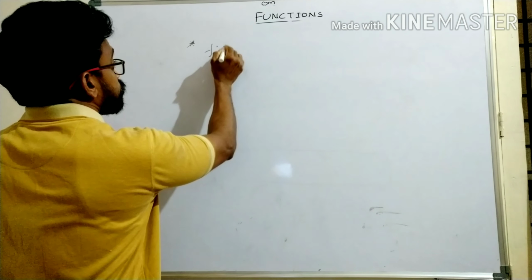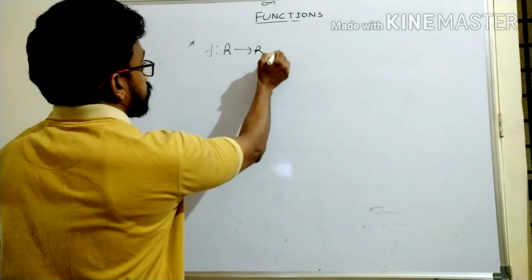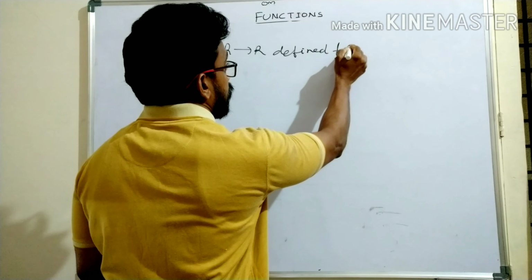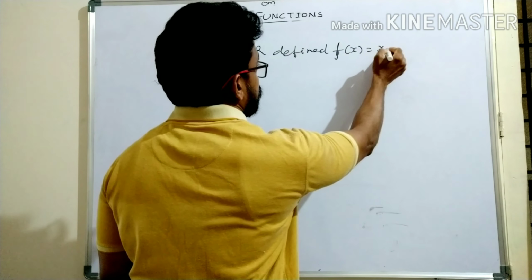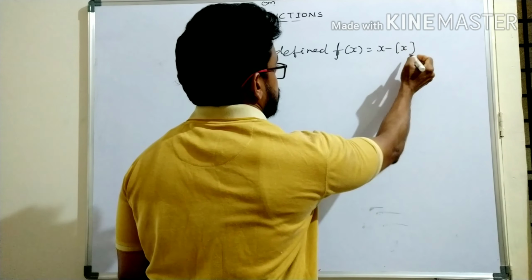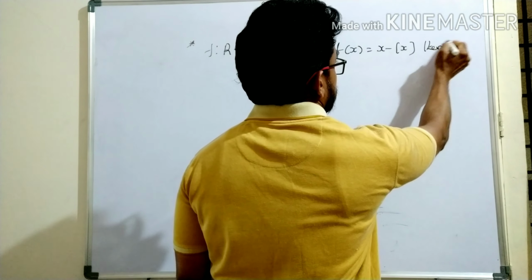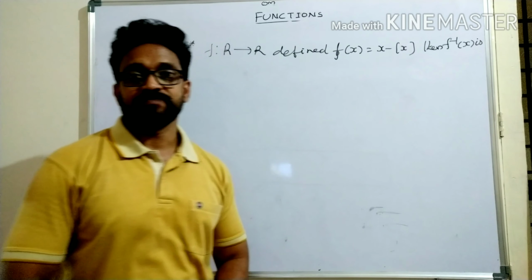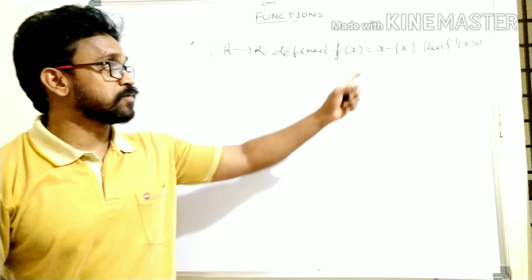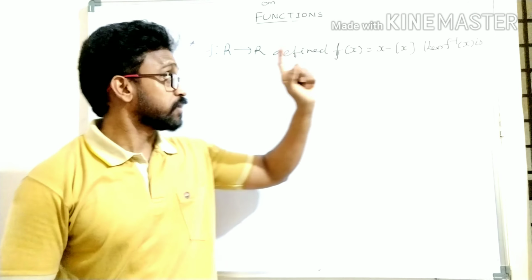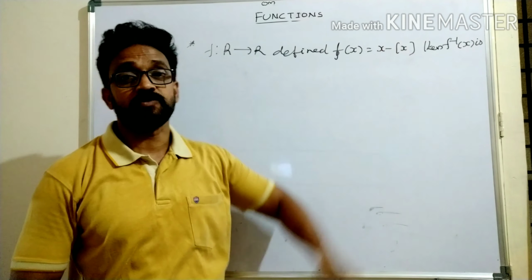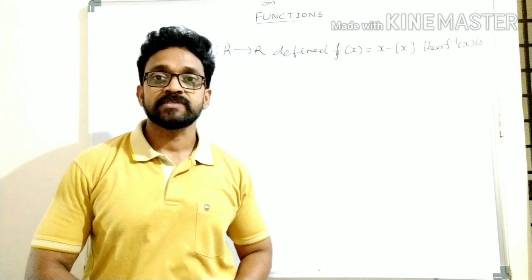f from R to R defined by f of x is equal to x minus floor of x. Then f inverse of x is, this is also one of the JEE Mains questions. Observe here, f from R to R defined by f of x is equal to x minus floor of x.